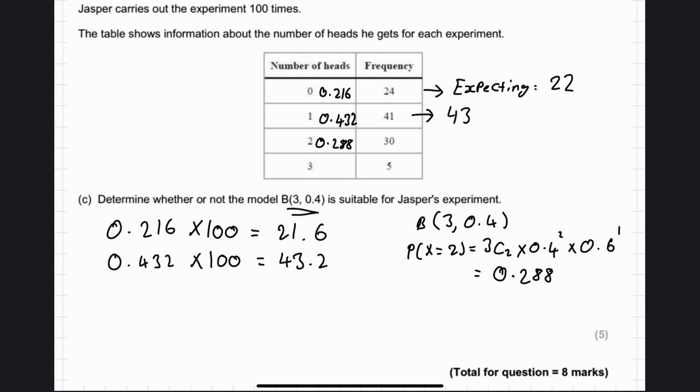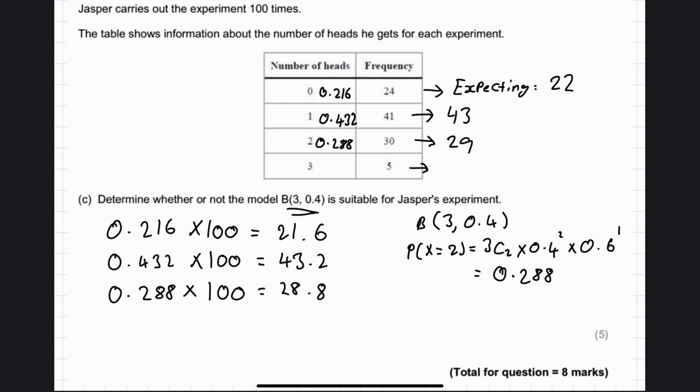So again, if I'm doing my trial 100 times, I have a 28.8% chance of landing on heads twice. So that's going to give me 28.8 heads that I'm expecting, which I can just round up to 29.